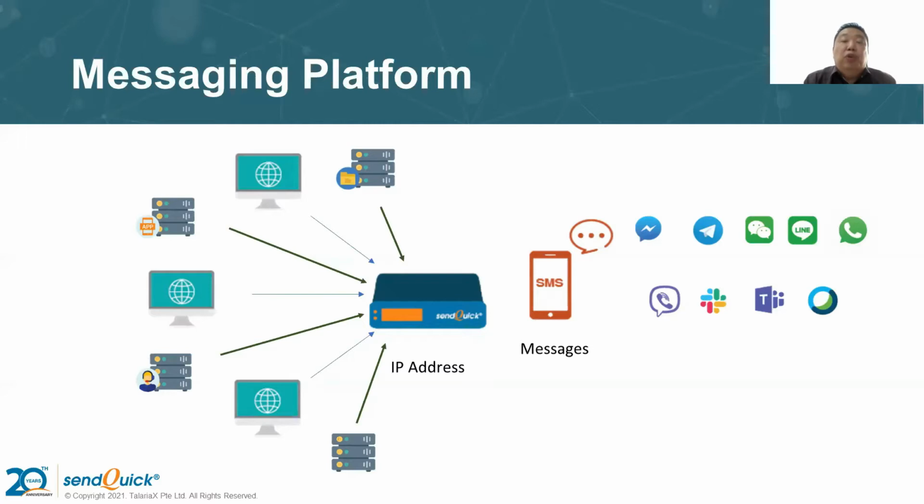So we have WeChat, Facebook Messenger, WhatsApp, Telegram. We can also send alerts and notifications to these platforms. So in a nutshell, as long as any device on the same network has the IP address of the sendQuick, it can actually do all this.